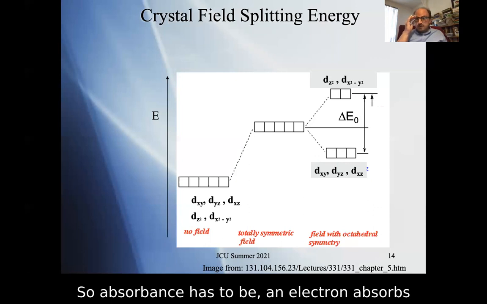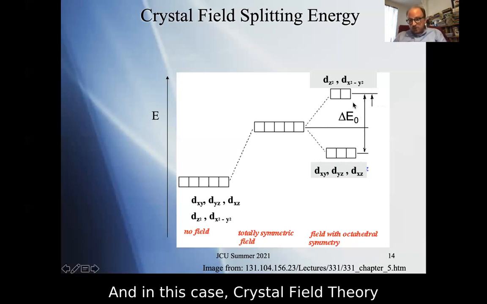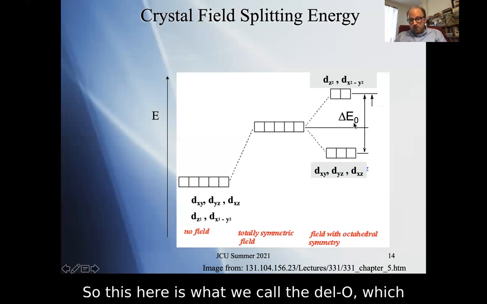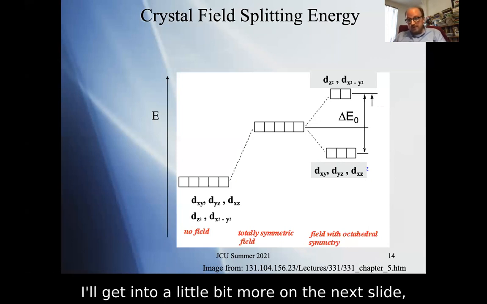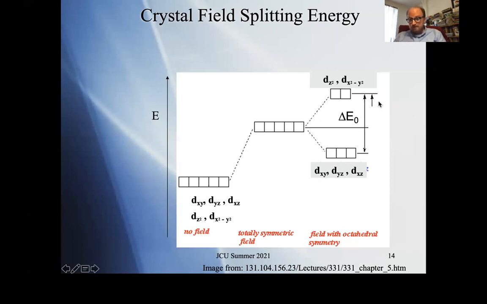So absorbance has to be an electron absorbing energy and moving from one energy level to another. And in this case, crystal field theory shows us that energy split. So this here is what we call the del O, which I'll get into a little bit more on the next slide. But the importance of this model is this 2/3 split.